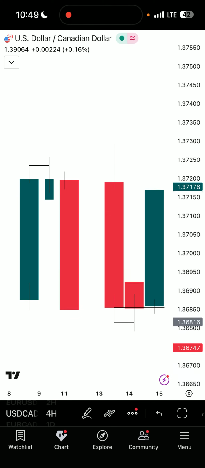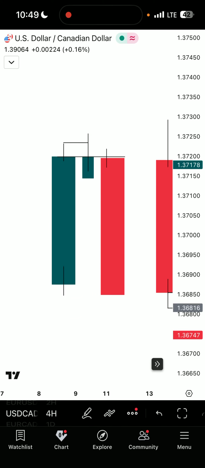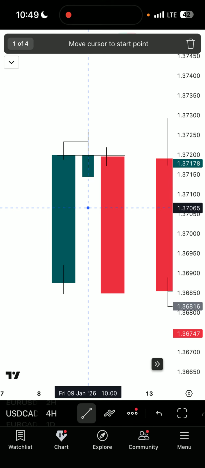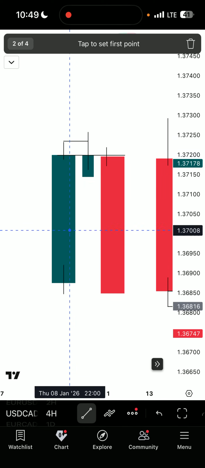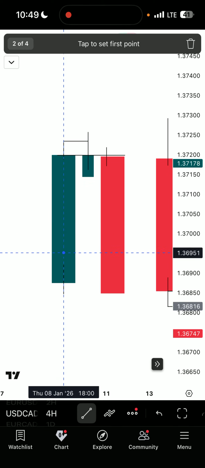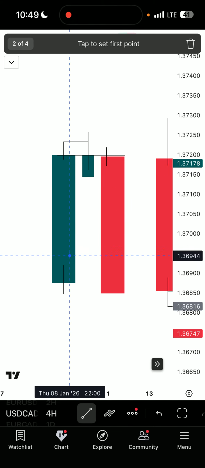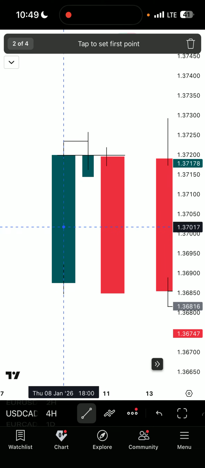Now, let me clear this off. You can see this example here, right? What can you see? You see that the market actually swept these candles' high. You see this particular candle here, this is the candle range. To know the candle range, you have to use time frames. For example, let's say this is a daily time frame. So this daily time frame is the candle range.